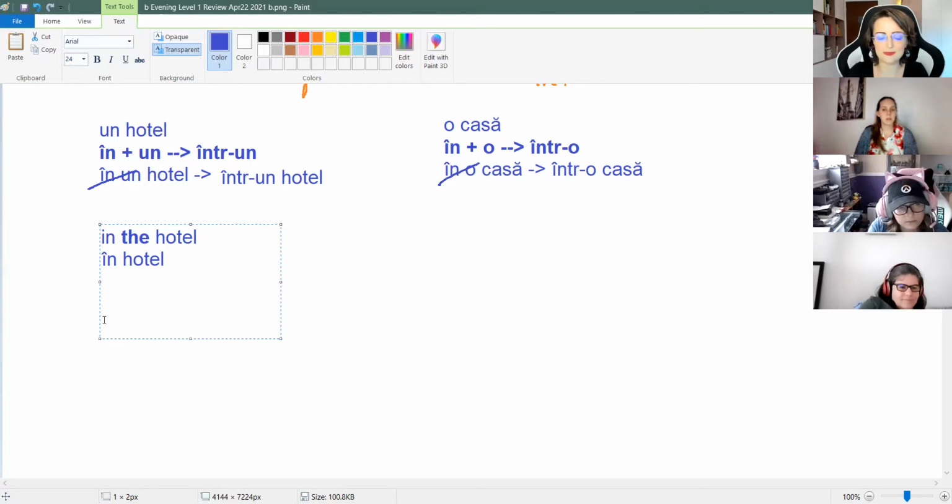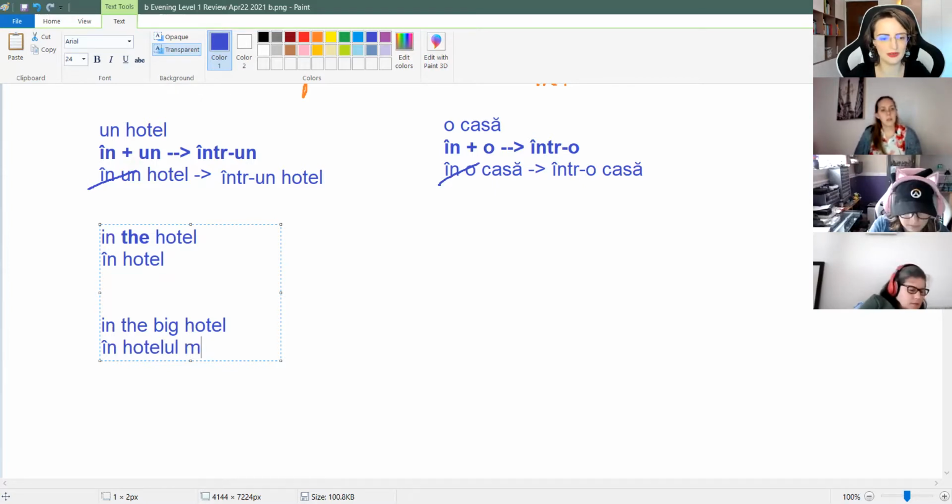Now, when would we use the definite article in Romanian? If you wanted to specify something about the hotel. So for example, you want to say in the big hotel. Big is mare. And how would you say that? În hotelul mare.